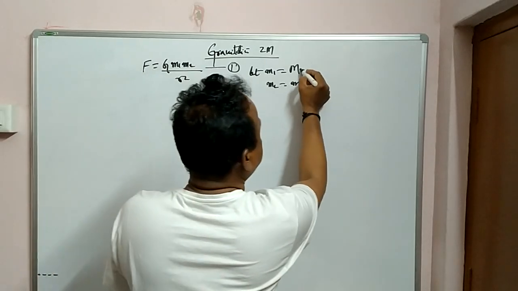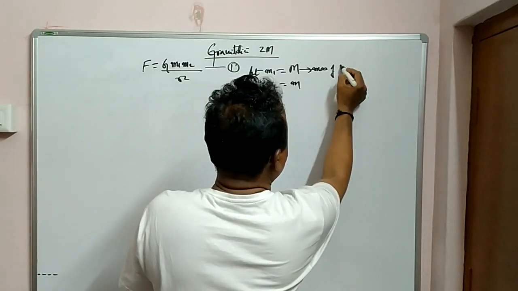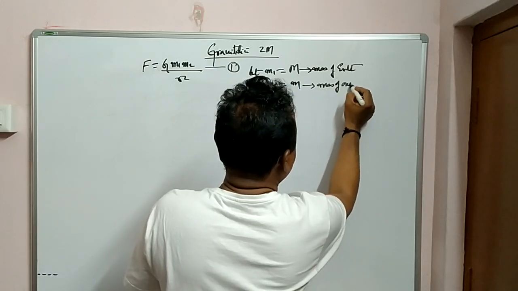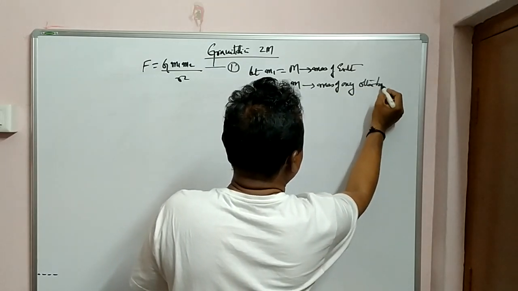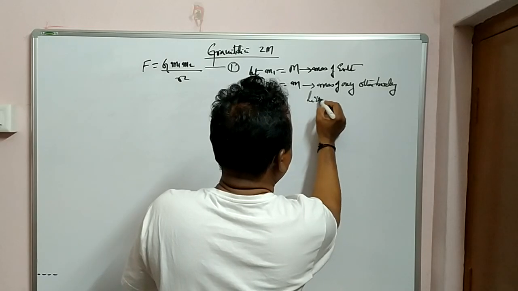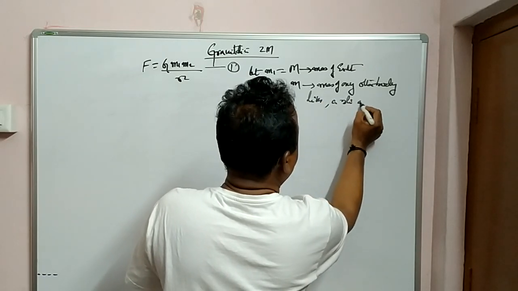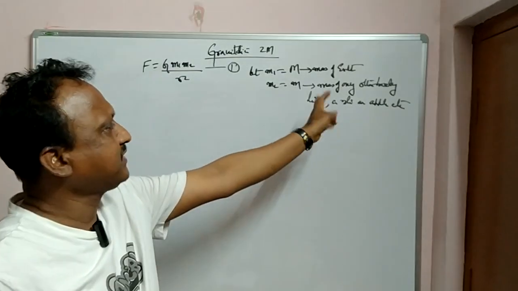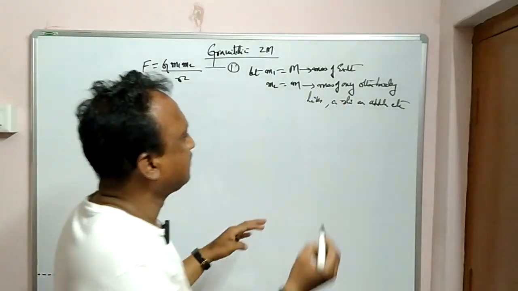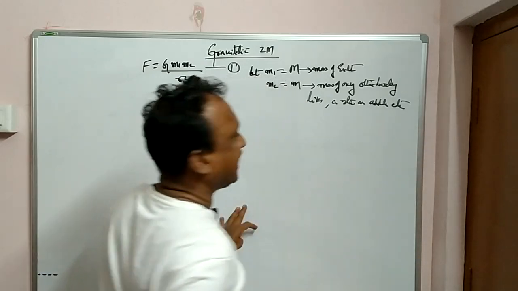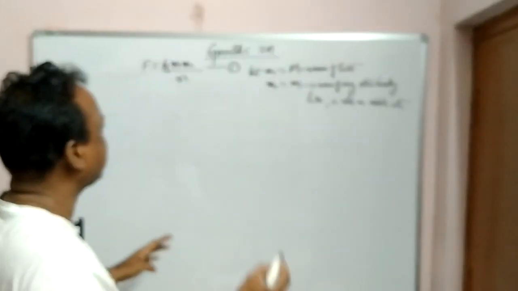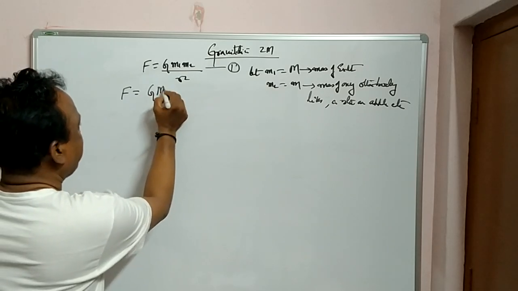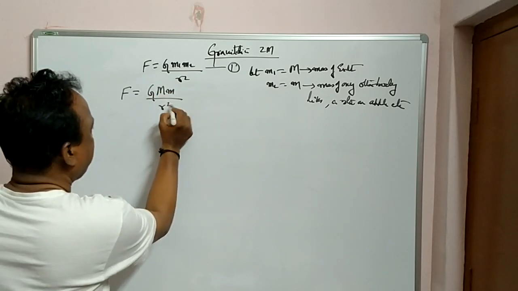I'll assume capital M as the mass of the earth, and small m is the mass of any other body like a stone or an apple, etc., on the earth surface or above the earth surface. Now if we substitute here, the formula goes like this: G capital M small m by r square.